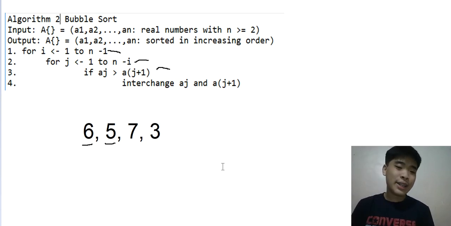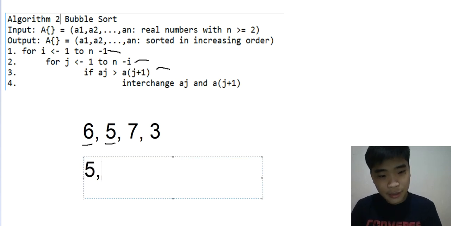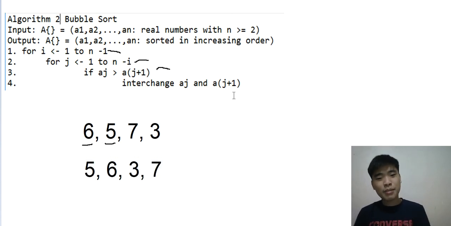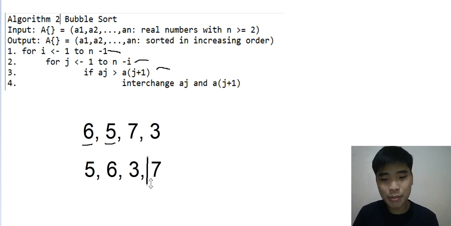Then 7 is compared to 3. Since 7 is greater than 3, we interchange them. So the current list here is 5, 6, 3, and 7. Here comes n minus i. Since we know that 7 is already the max, we create a division line here.